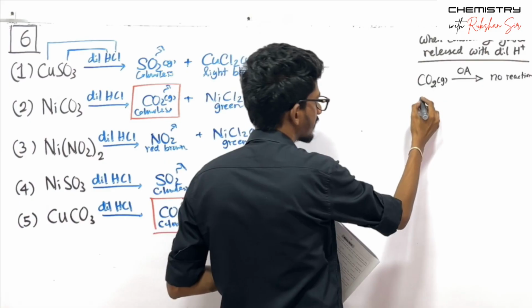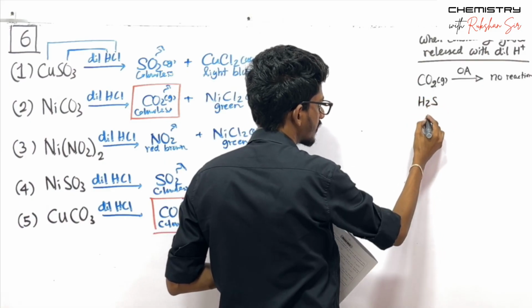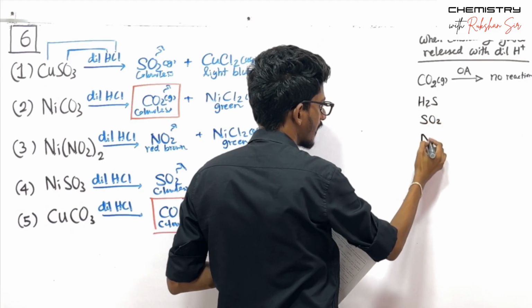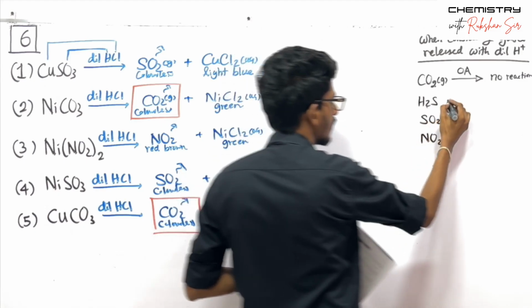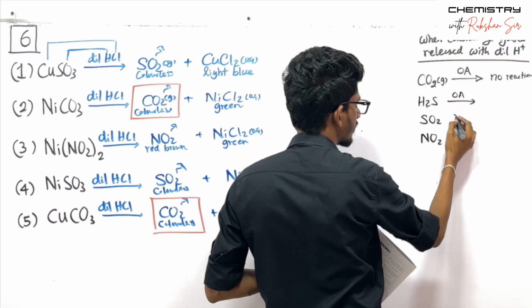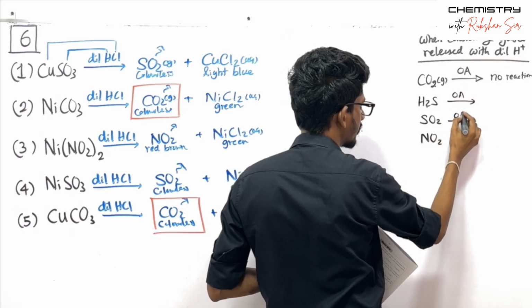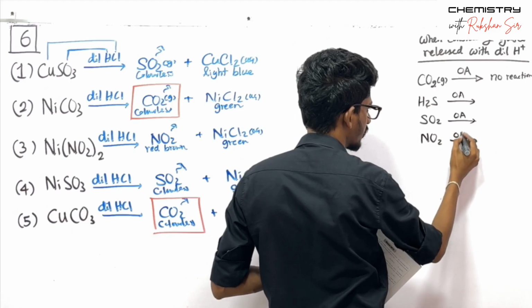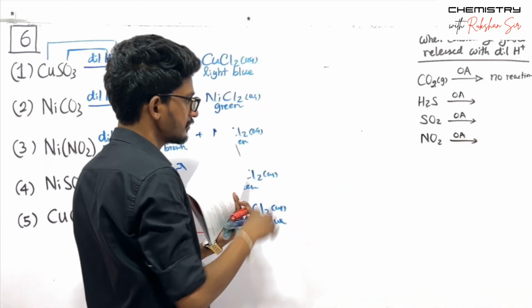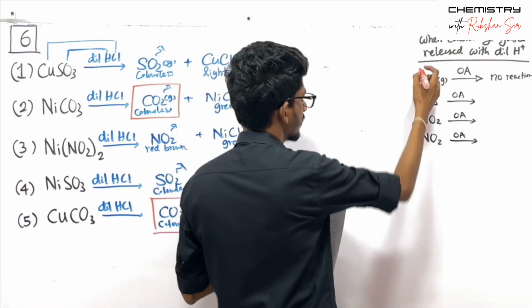But the other gases, the H2S, SO2 as well as NO2, will react with oxidizing agents as those are not at their highest oxidation states. The CO2 is at its highest oxidation state.